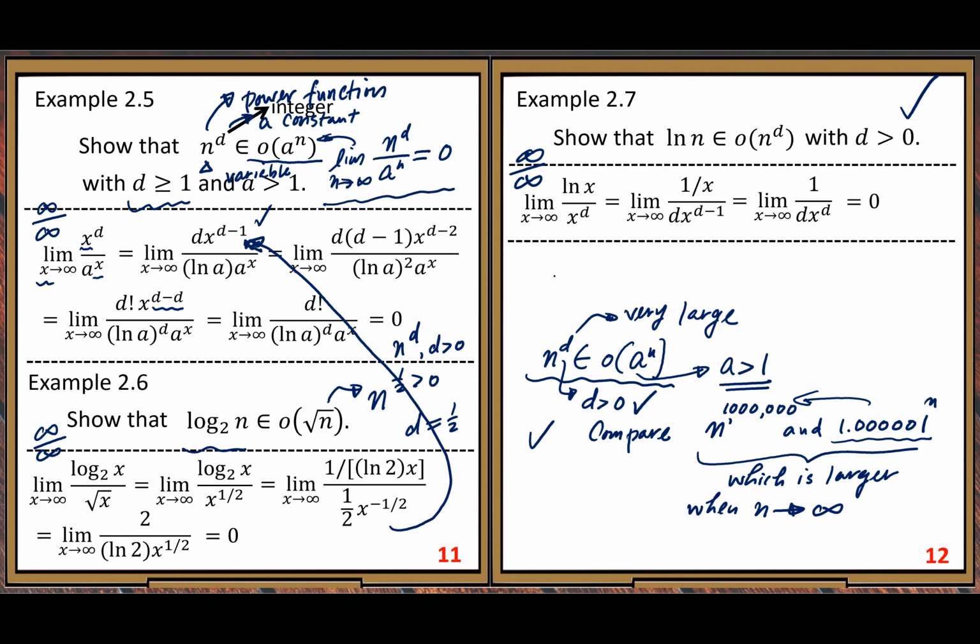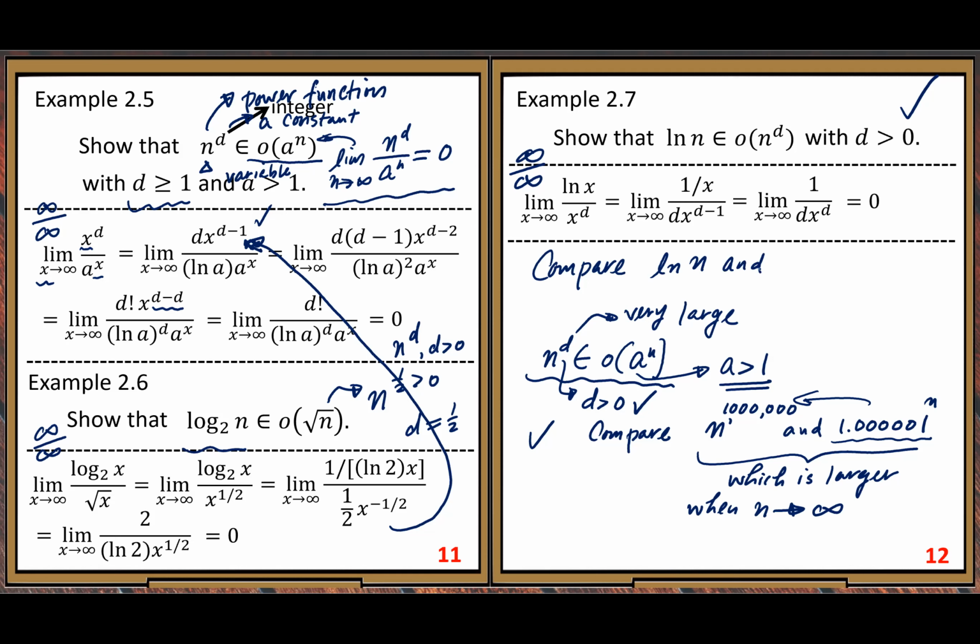Then compare log base, here I just use natural log, but any base works, as long as the base is greater than 1. We require base greater than 1. So natural log of n, and then the power function n to the d.